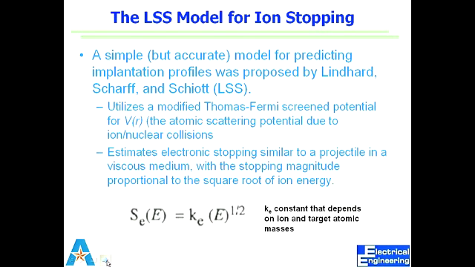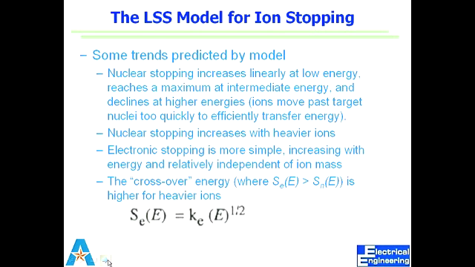You can ignore this, but the idea is that it's just the atomic scattering potential due to their collisions. What this gives us is that nuclear stopping increases linearly at low energy and reaches a maximum at intermediate energy, and at much higher energy, nuclear stopping becomes almost negligible. So the energy it starts with defines how far it will go.